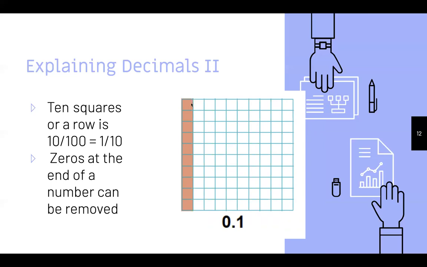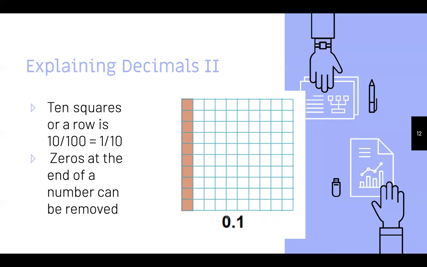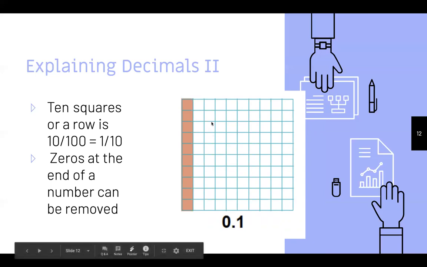A whole column shaded means one of the 10 is shaded. So it's 0.1, or 1/10.